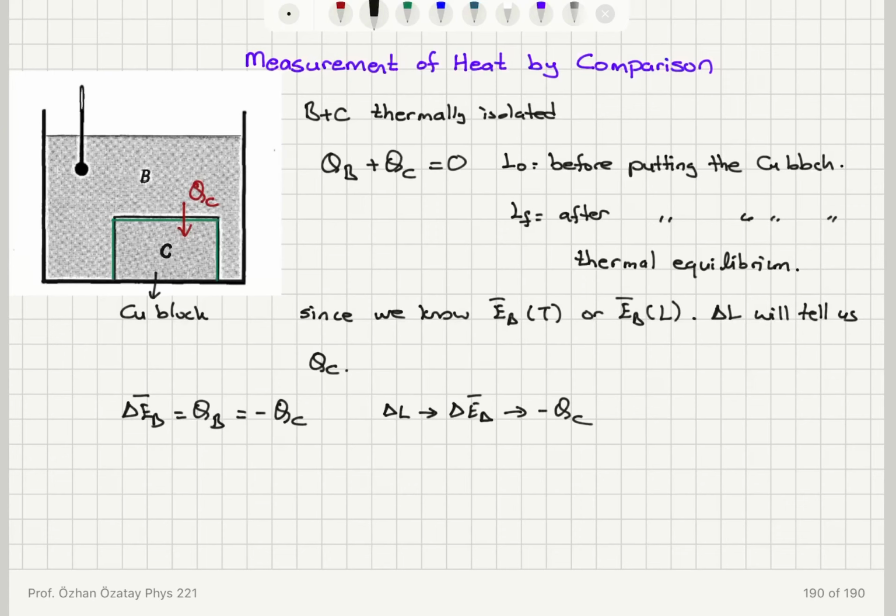If we know how the mean internal energy of system B varies with temperature or varies with length, since the mean internal energy change of system B is heat absorbed by B, because external parameters are fixed, it will be equal to minus the heat absorbed by C, or heat released by C. So if you have a reading of the change in the length of the mercury column, you can basically get a reading of the heat absorbed by C. Because of this calibration, we know how the mean internal energy varies with length.